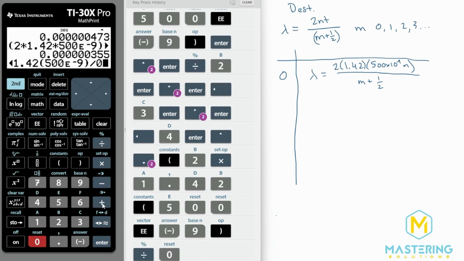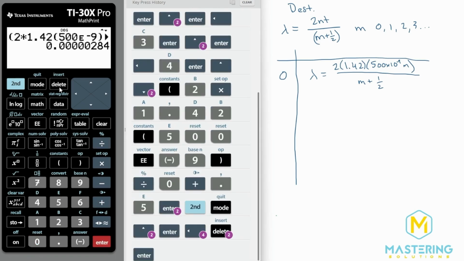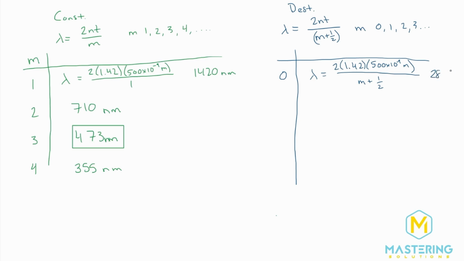So we have 0 plus 0.5. So we have 22,840 nanometers for the M of 0. Obviously, that's not in the visible spectrum.